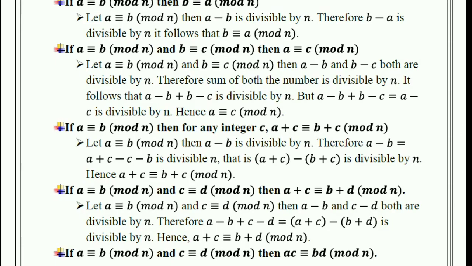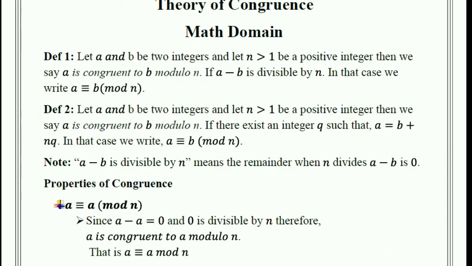Okay, fine. So theory of congruence, the definition is: let a and b be two integers, and n is a positive integer greater than 1, I have taken. You can take greater or equal to 1 also, no problem in that, because for n equal to 1 it is quite obvious. Then we say a is congruent to b modulo n.